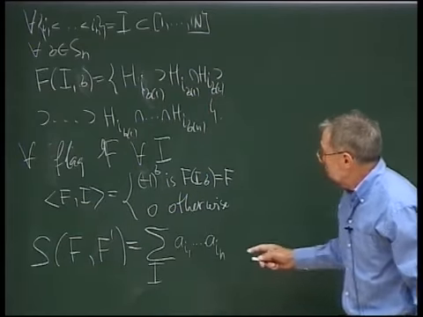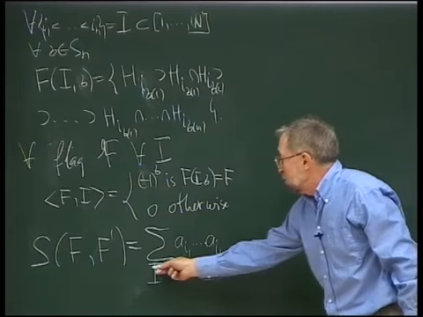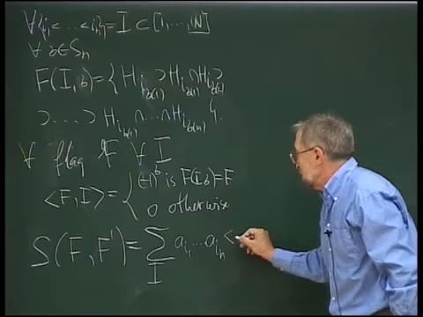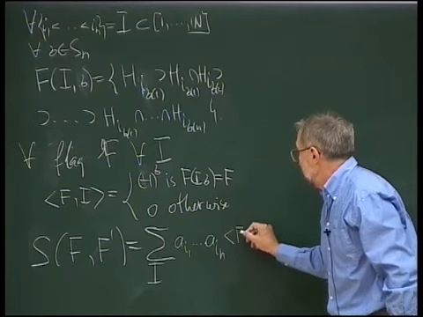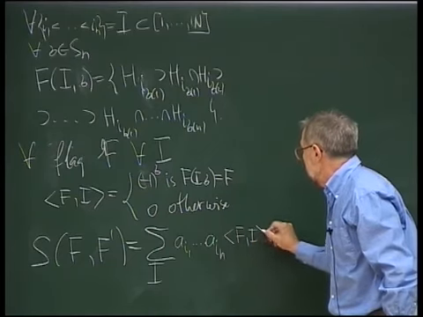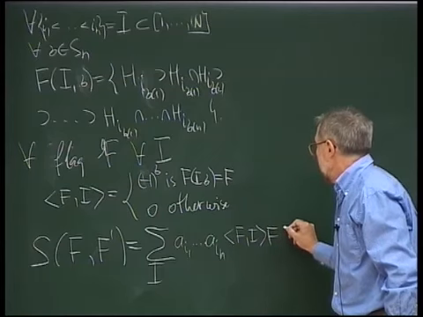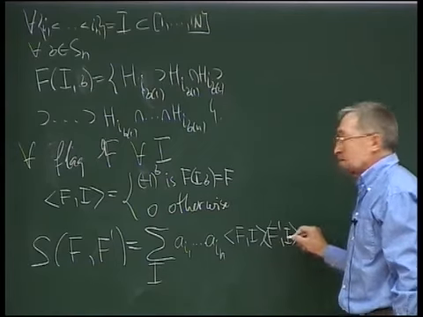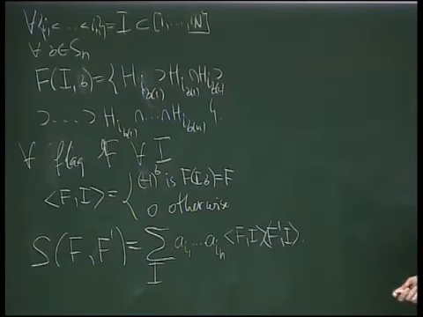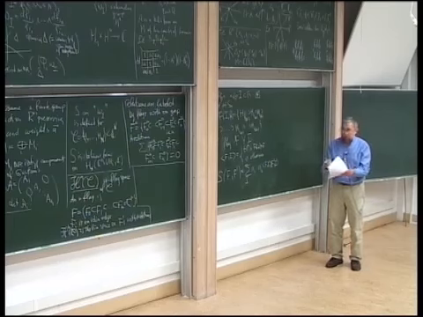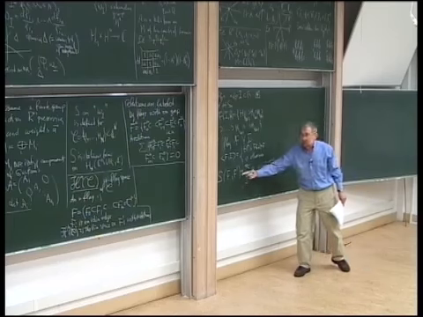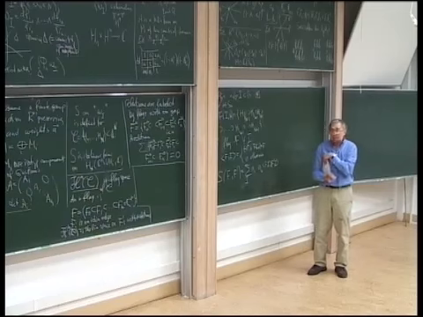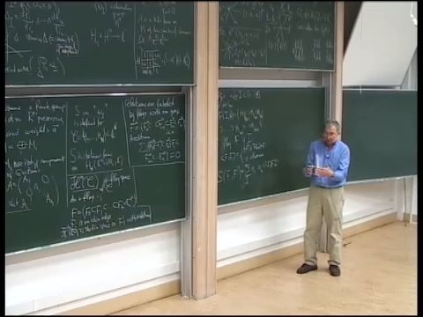So it will be a_1 ... a_n, sum over, and here you write the index of f and I and the index of f and f prime and I. So you have two flags, and then you define the scalar product. The scalar product is in the following way.